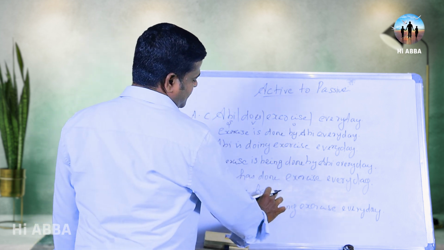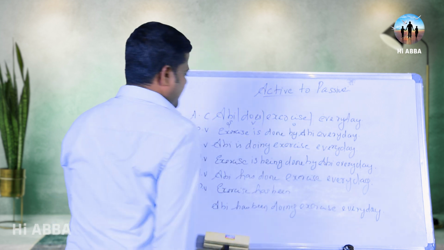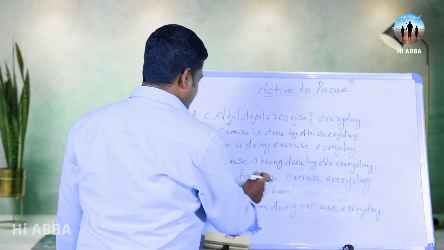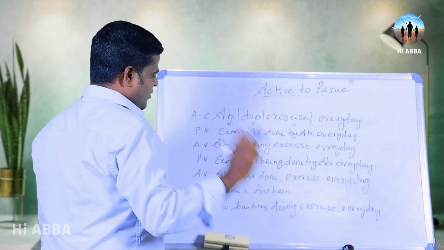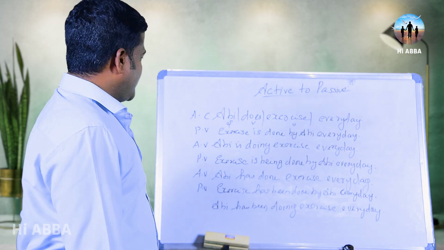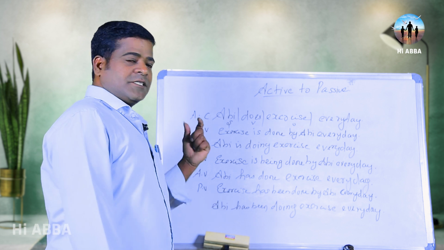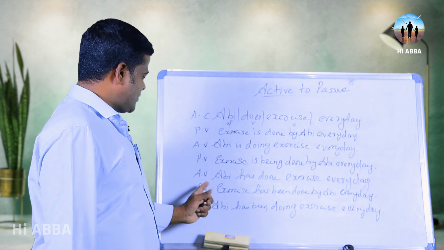This is perfect tense, so "been" will come, then V3 as it is, because it is already present perfect tense, the verb will be in V3 only. So that same thing, "done", then "by Abhi", then "every day". So we have changed the present perfect tense active voice into present perfect tense passive voice also.